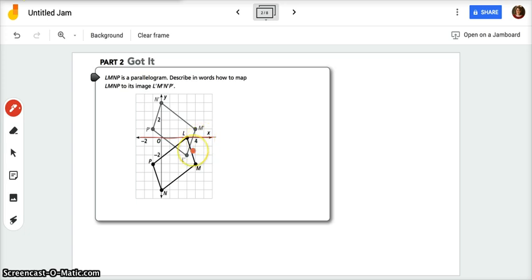I want to make sure when I'm checking that each of the coordinates are equidistant, which means equal distances from the line of reflection. So remember that red line is called the line of reflection. So I'm going to check point M right here. Point M is only one space away from this line of reflection, but this M is 1, 2, 3 spaces away from the line of reflection.